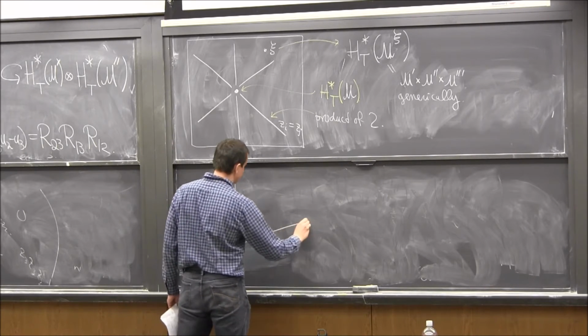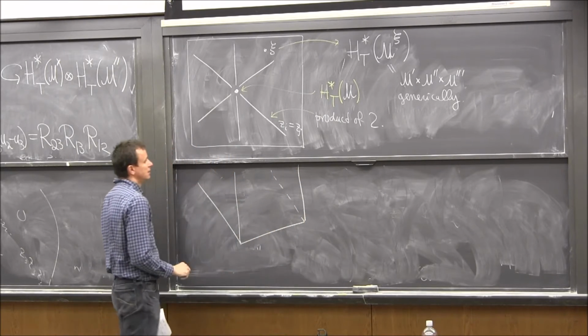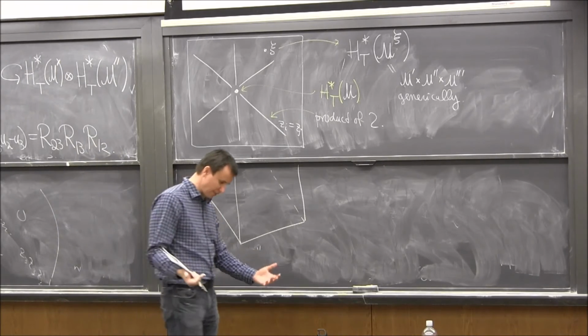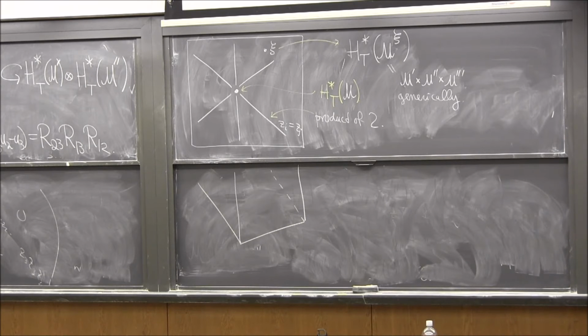I have a facet of some dimension, and, what's it called?